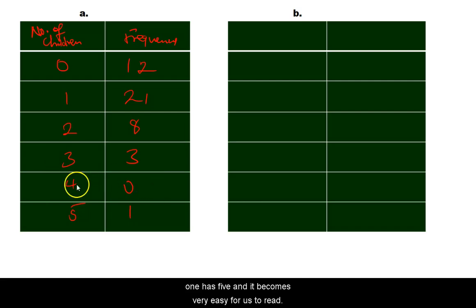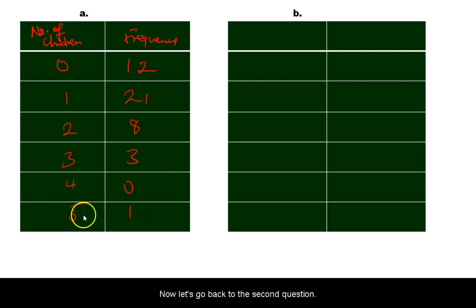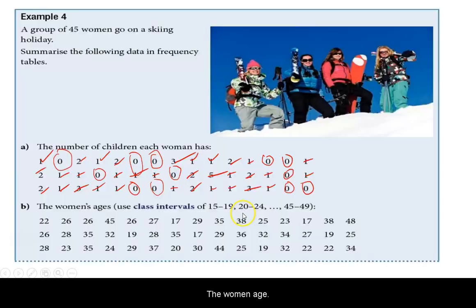And it becomes very easy for us to read. Now let's go back to the second question. For the women's age, we are going to use the class intervals 15 to 19, 20 to 24, up to 45 to 49, and tally that.